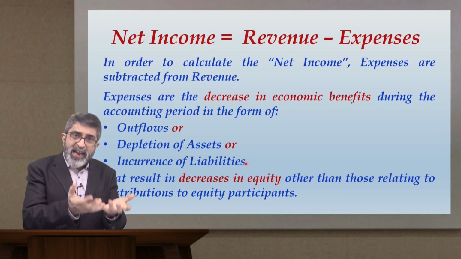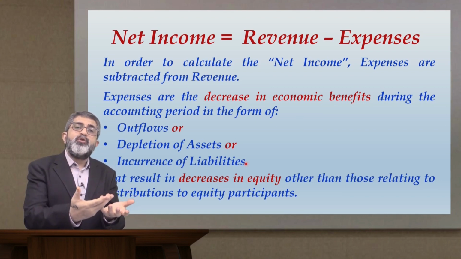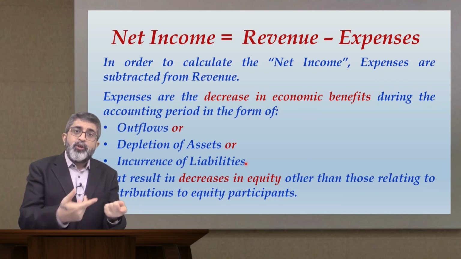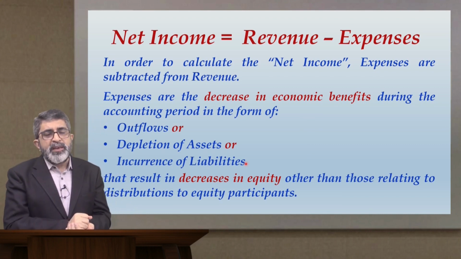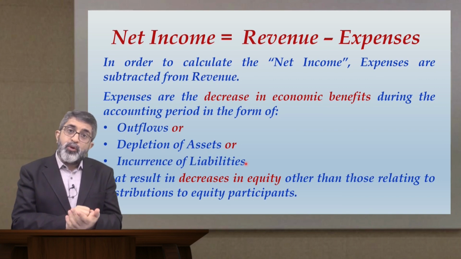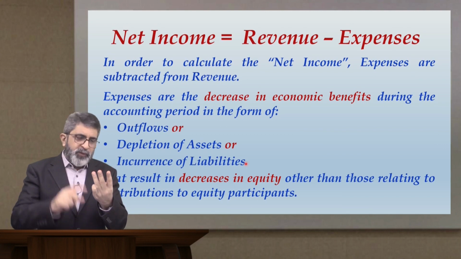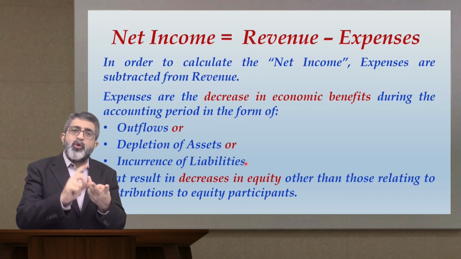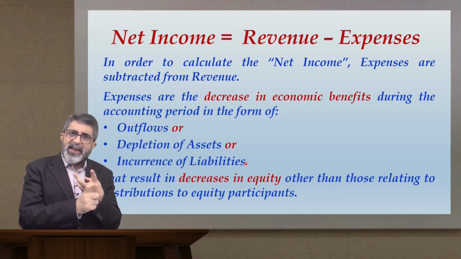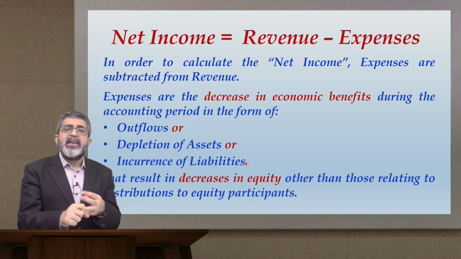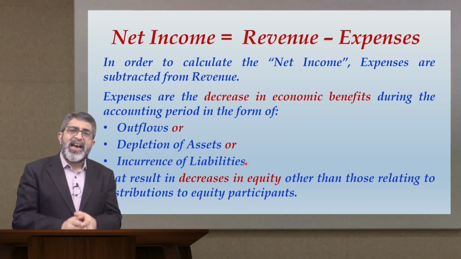I have assumed a liability because now I need to make a payment to that supplier of goods who has supplied goods to me on credit basis. So there may be incurring of expense by any of the three modes. It could be an outflow of cash, it could be reduction or depletion in the value of asset, or it could be incurring or assumption of a liability.